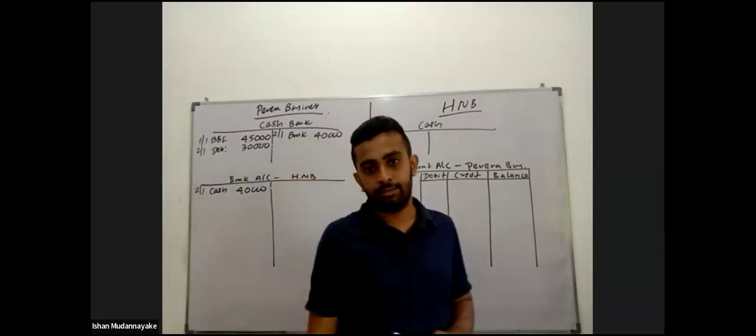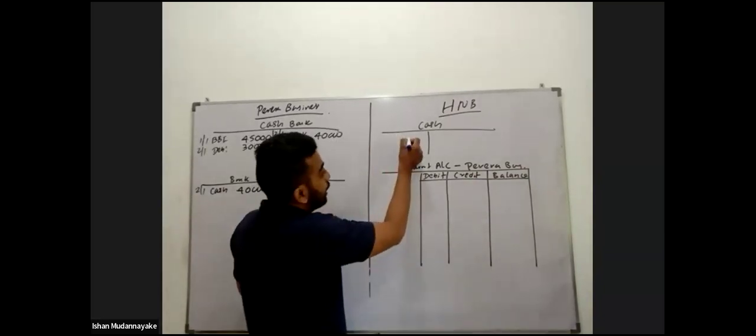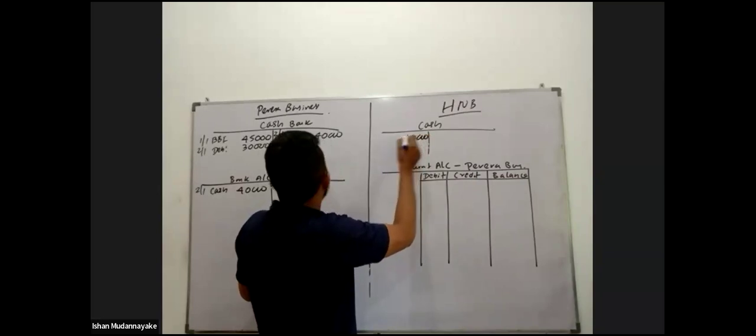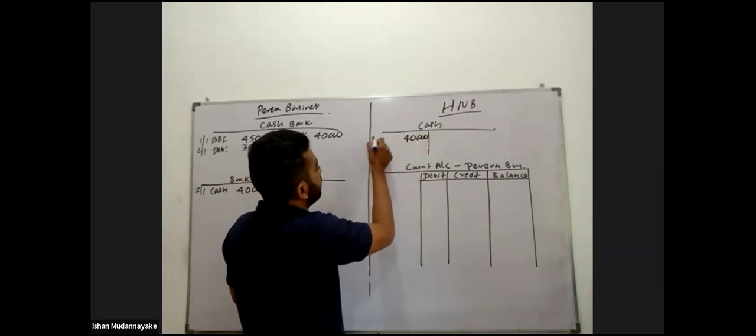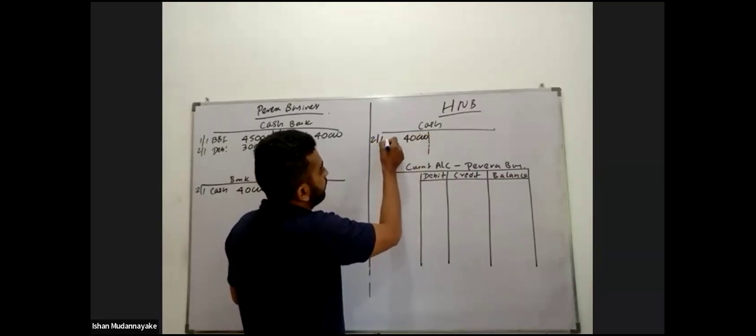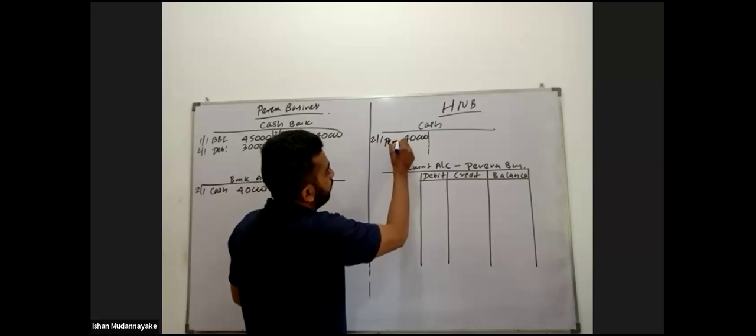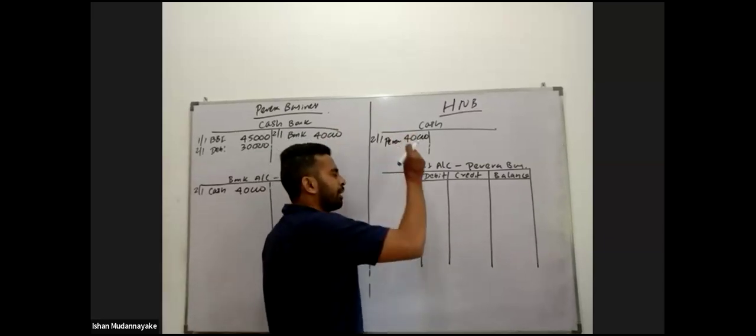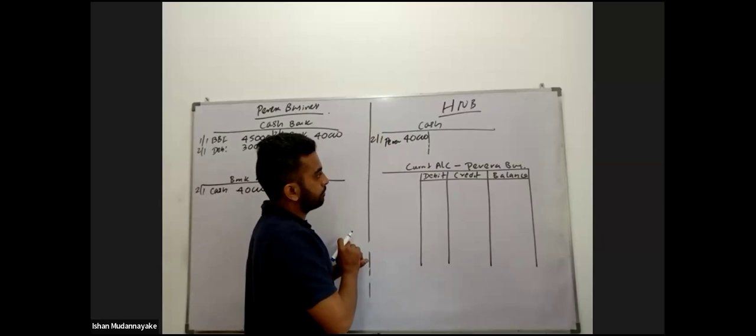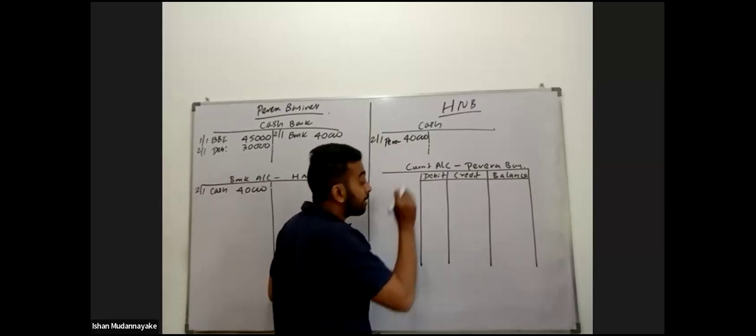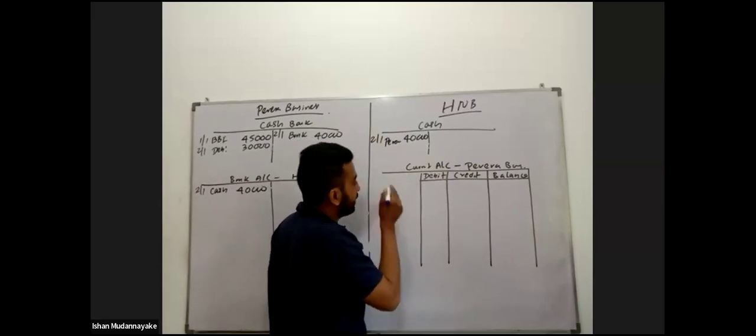So HNB cash book debit 40,000, here 2nd January, Pereira. And then HNB current account, Pereira, crediting 2nd January.